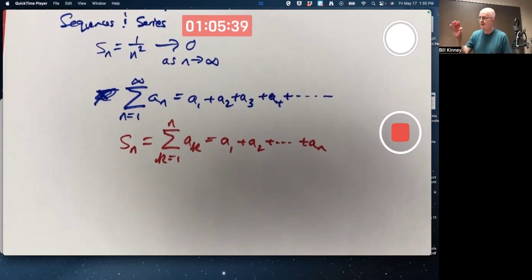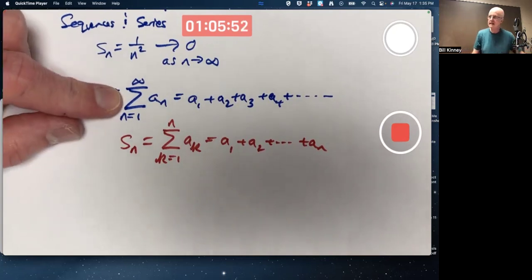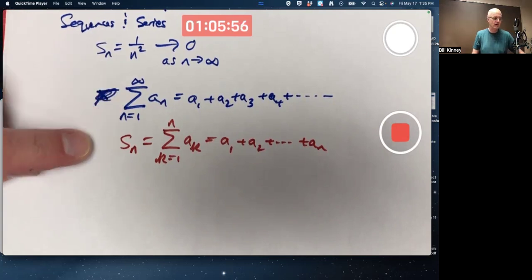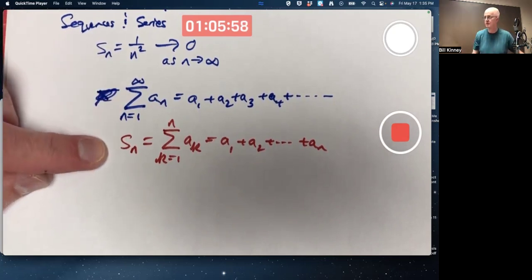For a given infinite series, you can always define the sequence of partial sums. And the most important thing to realize here is that the series either converges or diverges based on whether the sequence of partial sums converges or diverges. It's completely determined by it.